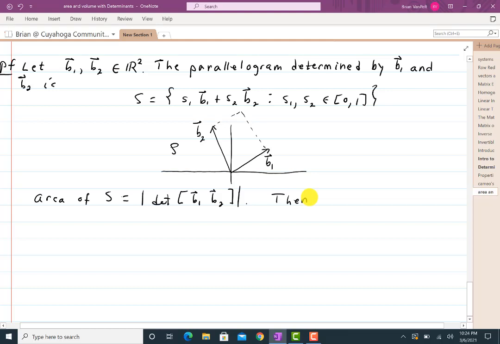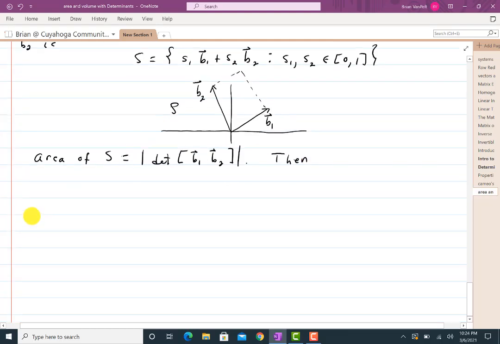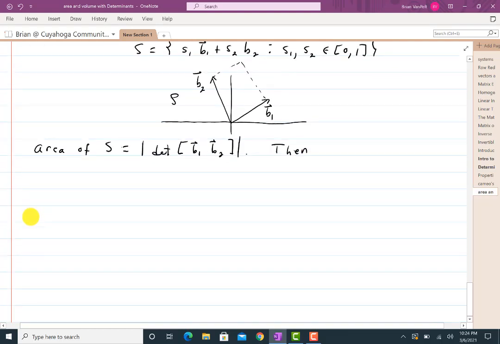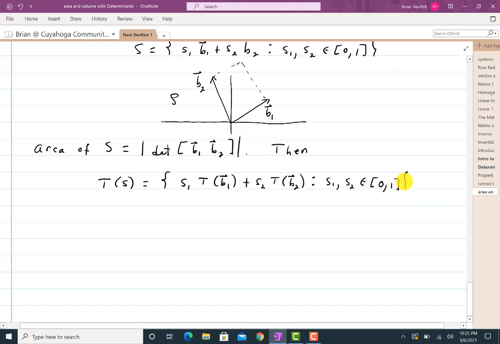Then let's take a look and see what T of S is. So it's got the same general outline to it.